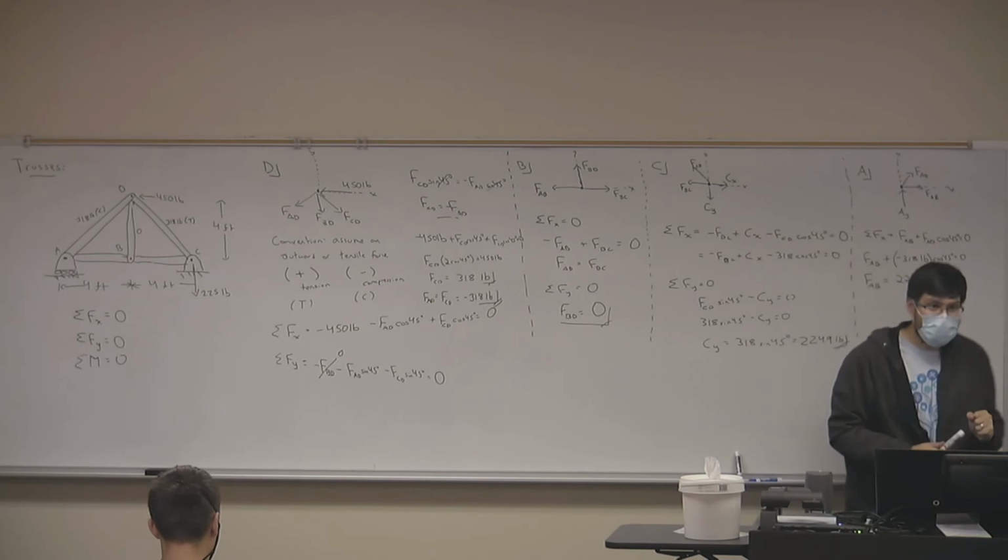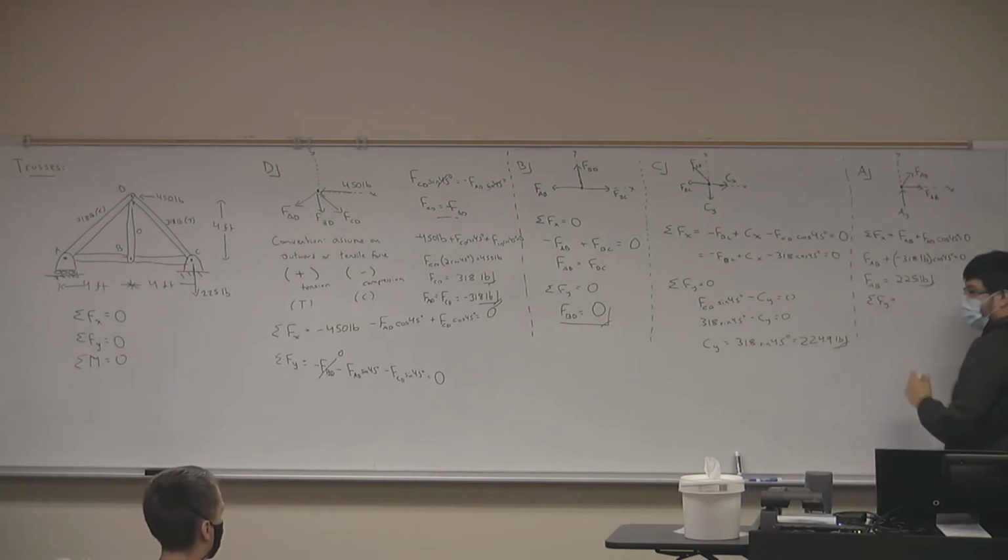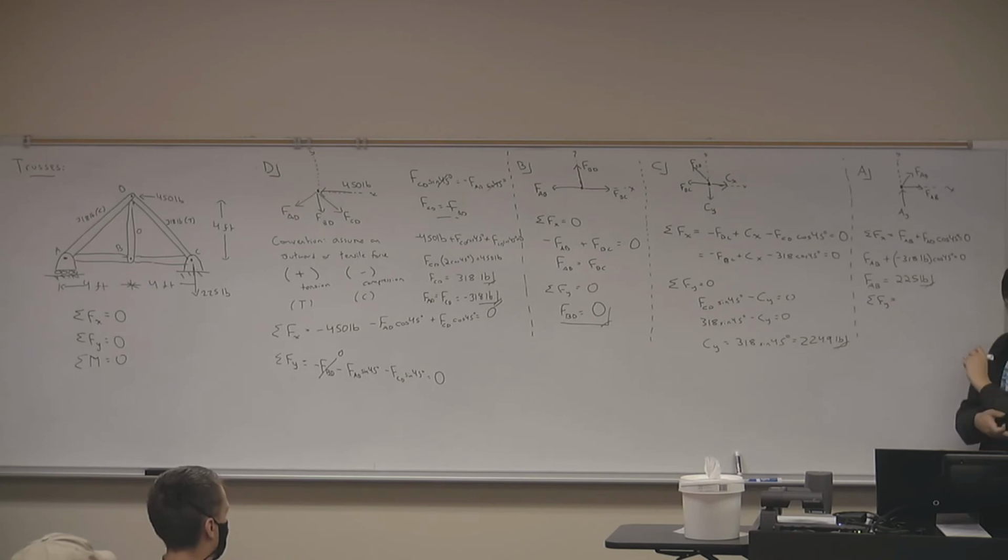So we found FAB. Can we now find the forces in the y direction? I'm going to say yes. What forces do we have in the y direction? AY, and what else? Plus FAB sin 45. That is absolutely right. And then again, do we have one of these two variables? Jared? Yes, FAD. Exactly.